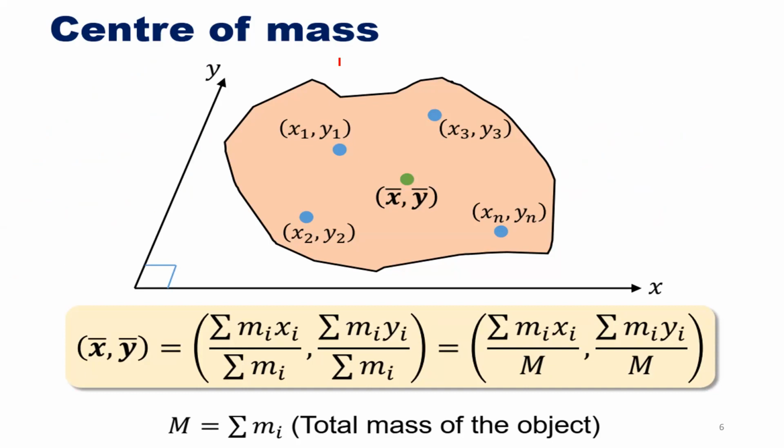So if I take an uneven shaped object here, over here there are only 5 points or coordinates which have been labeled. But in a real situation, it will be more than 5. Every single point will have a coordinate of x and y.